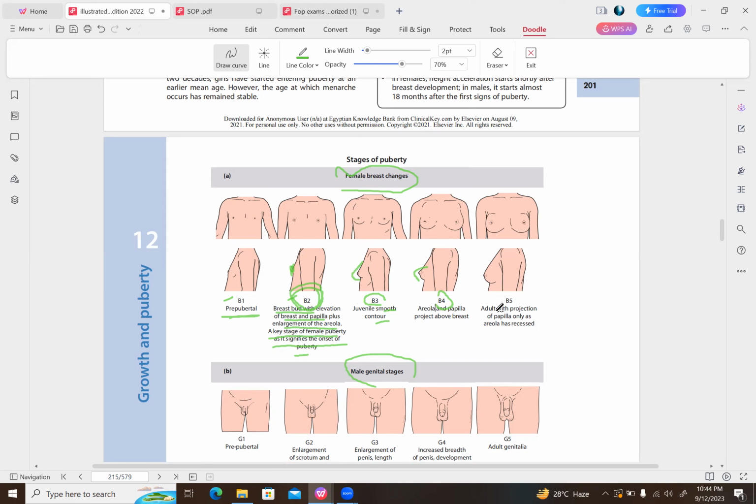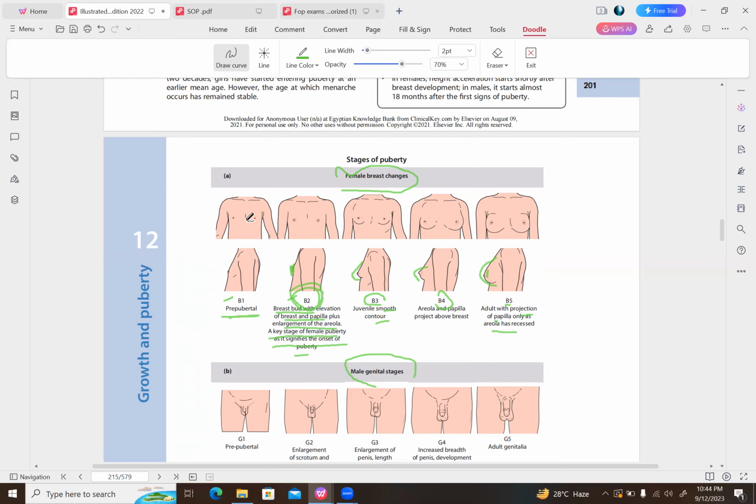And B5, it is the adult with projection of the papilla, only as areola has recessed. The areola will recess. The contour becomes more adult-like. The areola will recess, and the papilla will project. Okay, so this is the B5 stage.